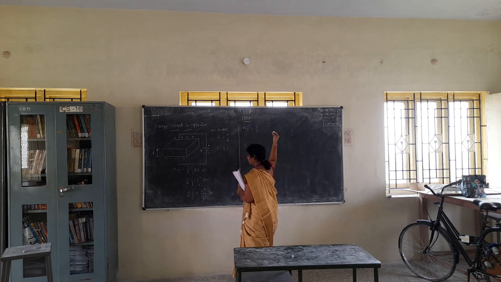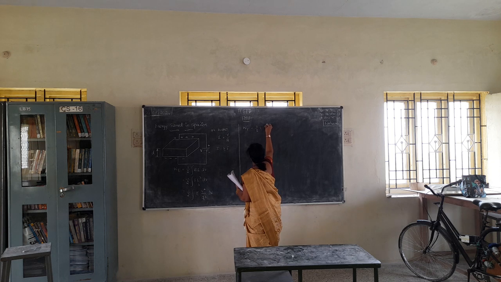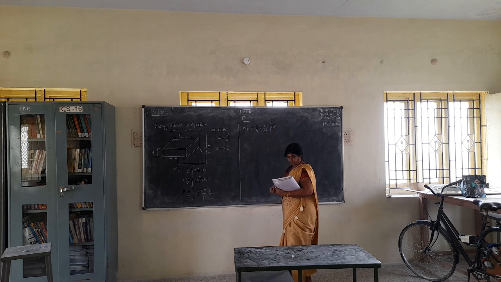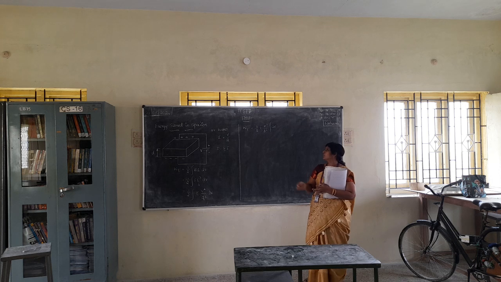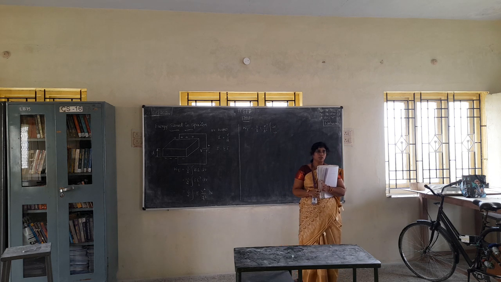Epsilon E square integral of dV. So what is V? It is your volume. Volume means length, breadth, height.